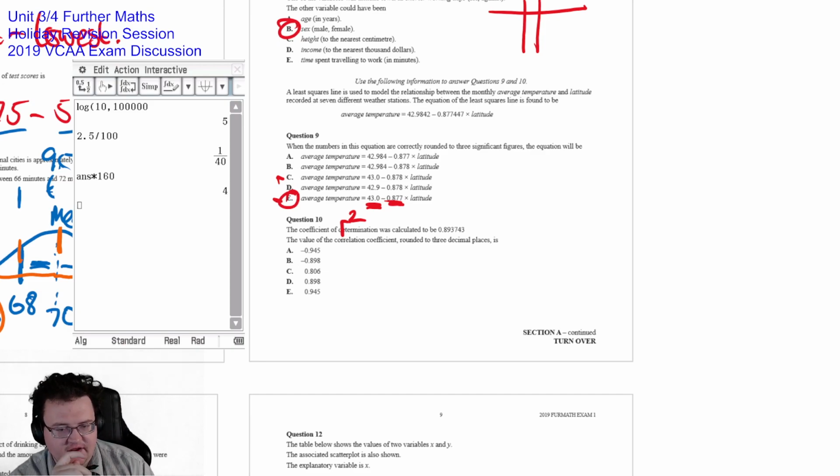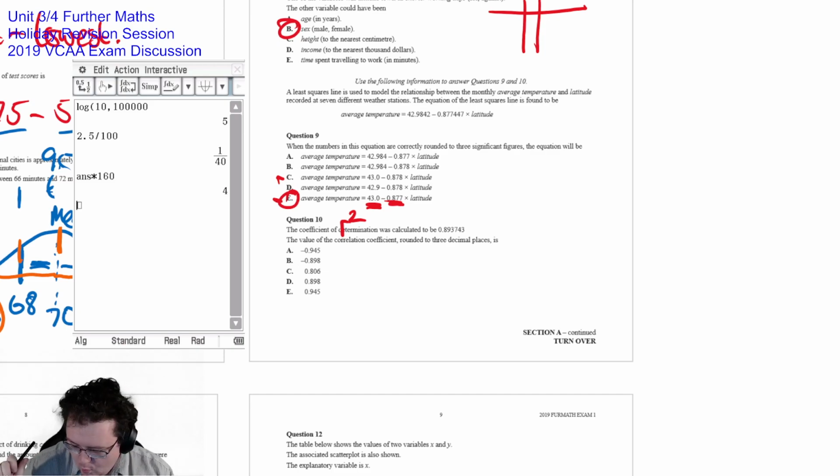Is that positive or negative? It is a negative line. That means that when we talk about the correlation coefficient, because that line is negative, therefore its R value must also be negative.